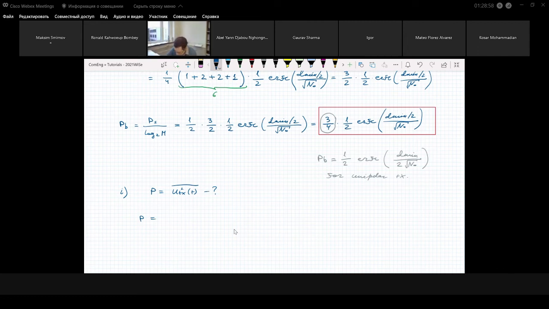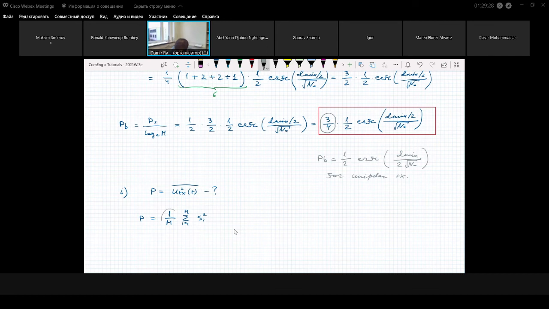As far as we assume that all these symbols are independent, and we have infinitely many symbols, and all of them have equal probability, we can simply use the following expression: 1 over M, summation i goes from 1 to M of S_i squared.